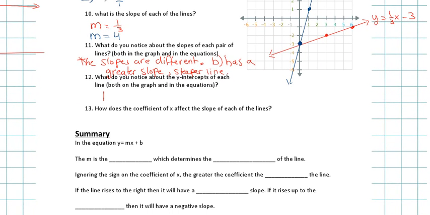They have the same y-intercept, and in this case, it's the intersection point between the two lines.